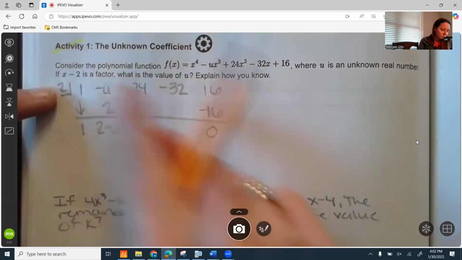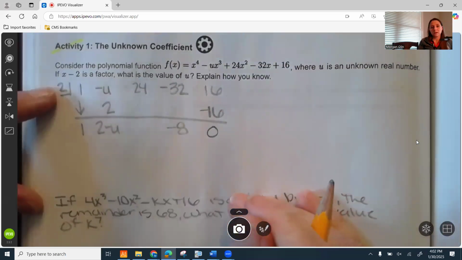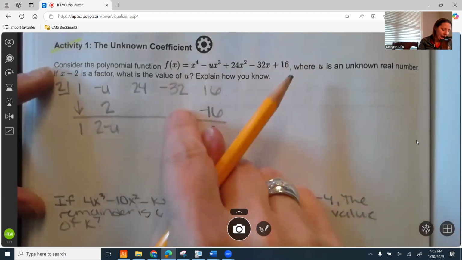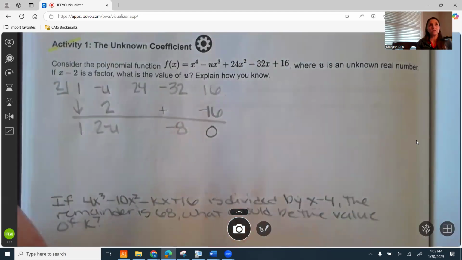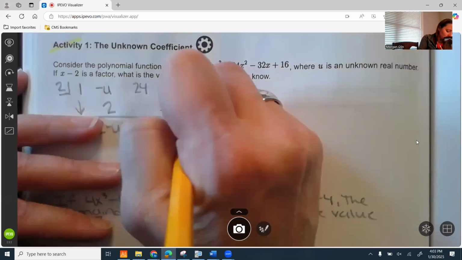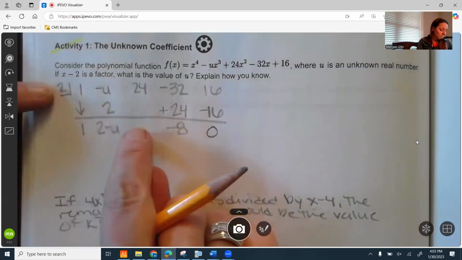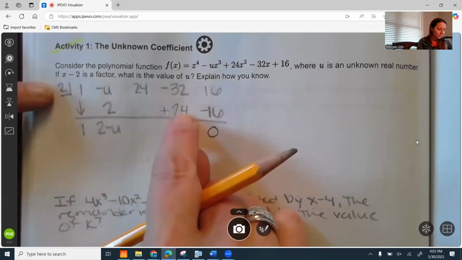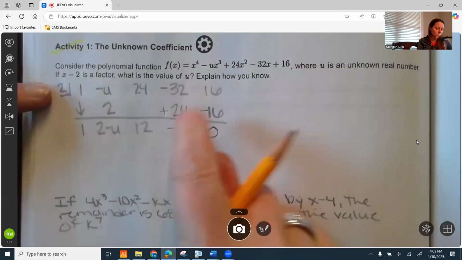Well, 2 times what gave us negative 16? It'd be negative 8. Well, wait a minute. What did we add to negative 32 to get negative 8? We'll just think about this. That's actually going to be positive 24. Well, what did I multiply by this number down here to get positive 24? Well, 2 times 12 is 24.